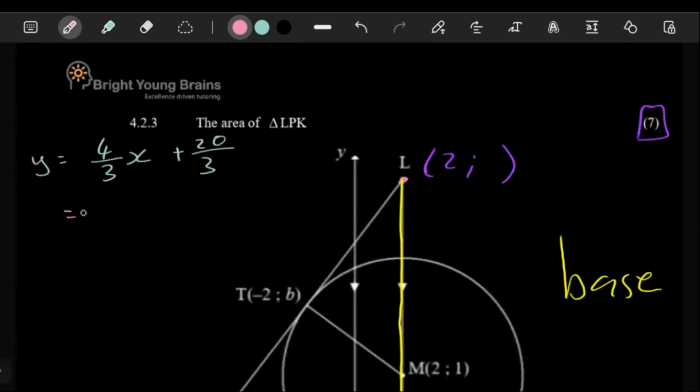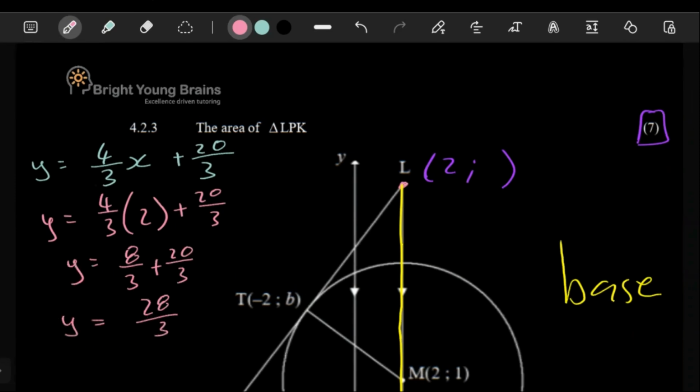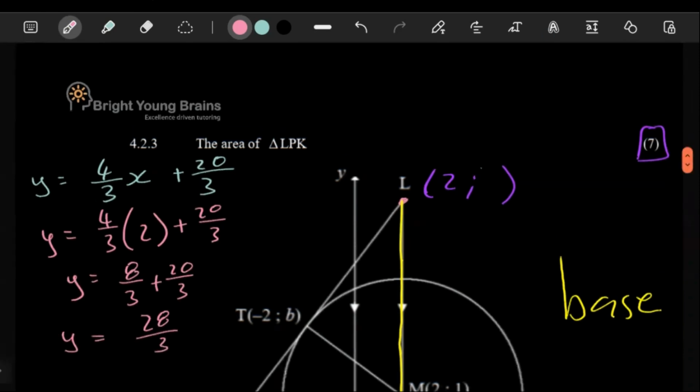So this is 4 over 3 times 2 plus 20 over 3. This is 8 over 3 plus 20 over 3. This is 28 over 3. You see, just because it's a fraction doesn't mean it's wrong.